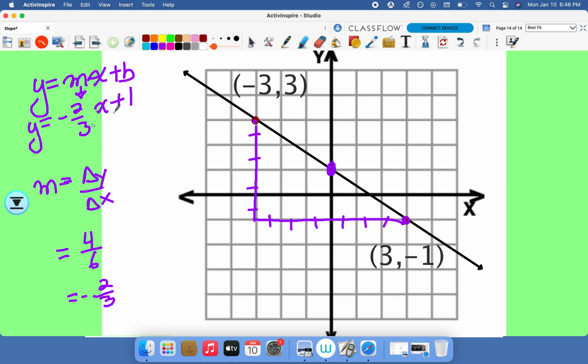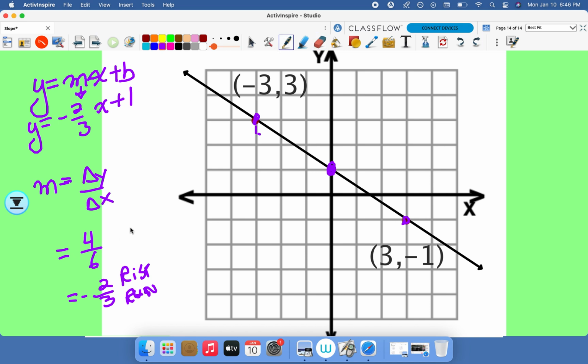Just so that you see, this is the rise, and this is the run. So let's pick these 2 points here.